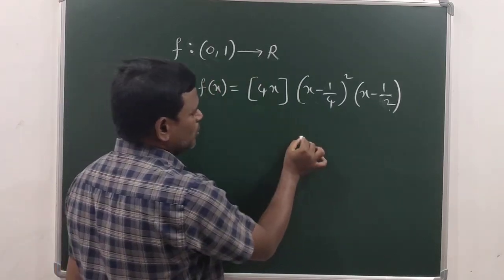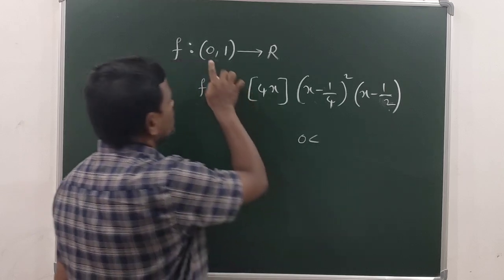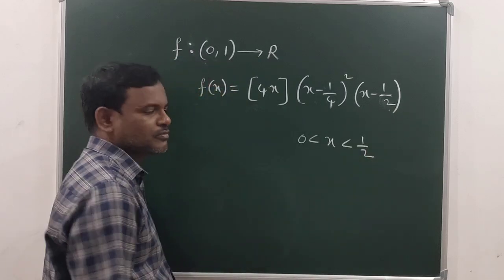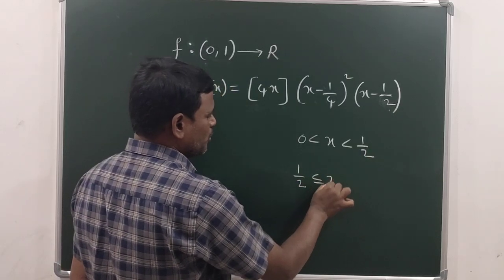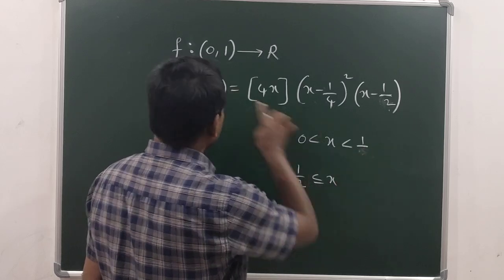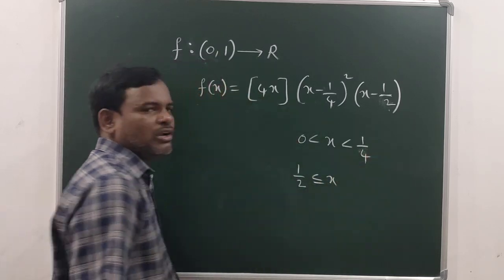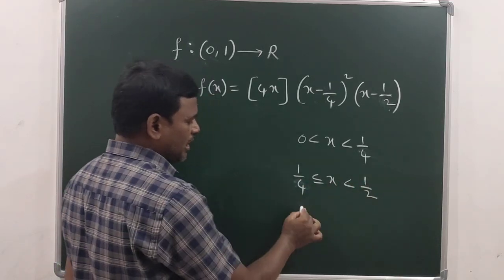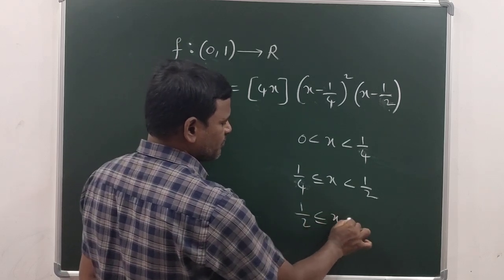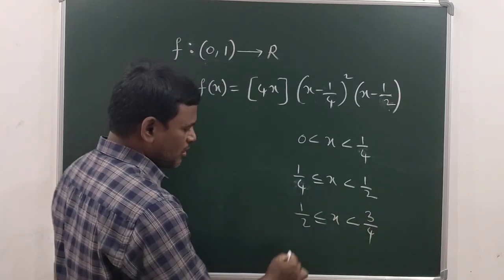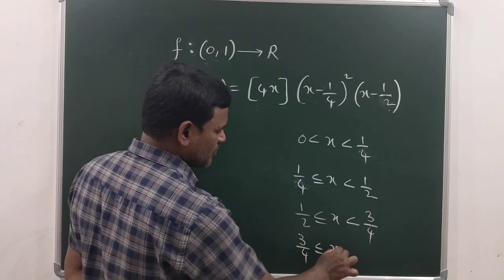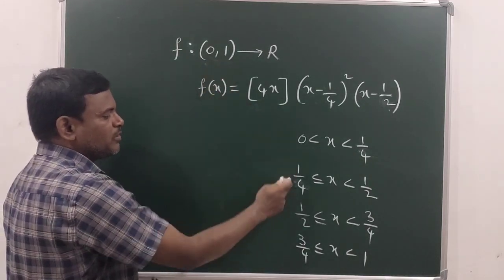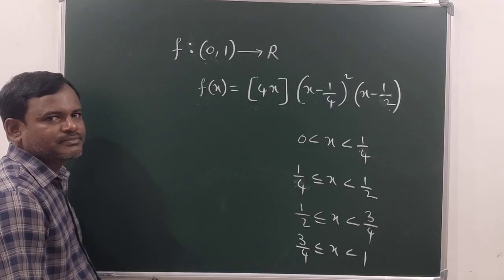Since 4x is given, the subsets are: 0 to 1 by 4, then 1 by 4 to 1 by 2, then 1 by 2 to 3 by 4, and 3 by 4 to 1. I divided this interval into 4 subsets.